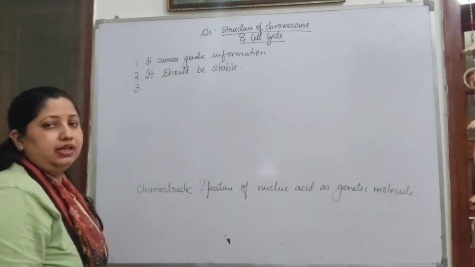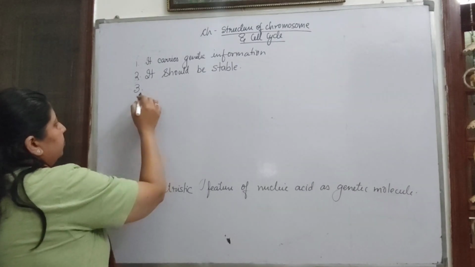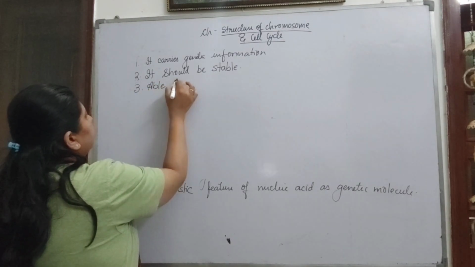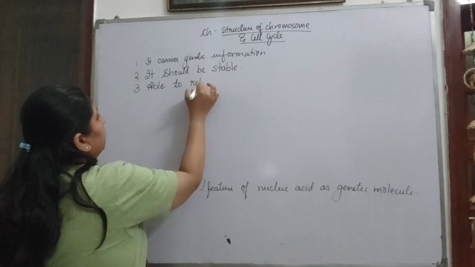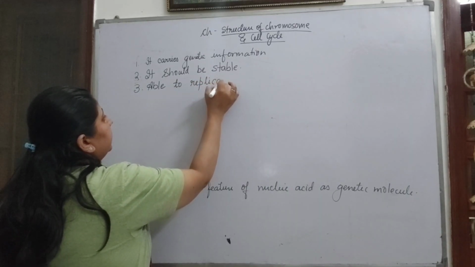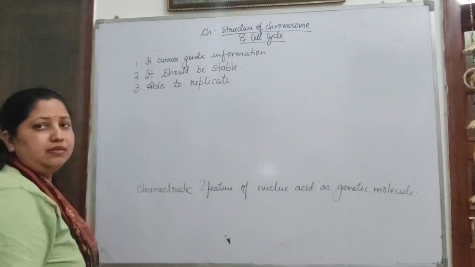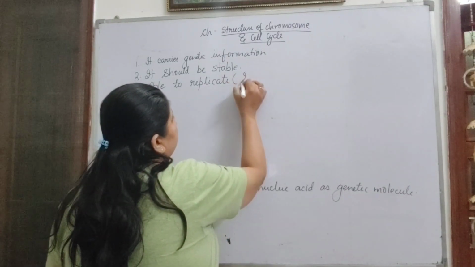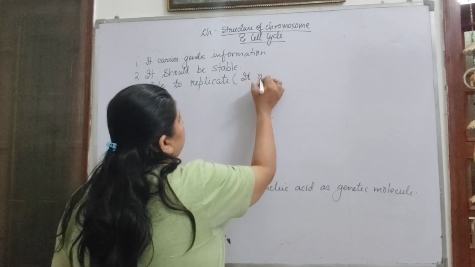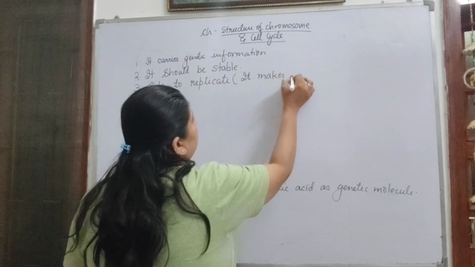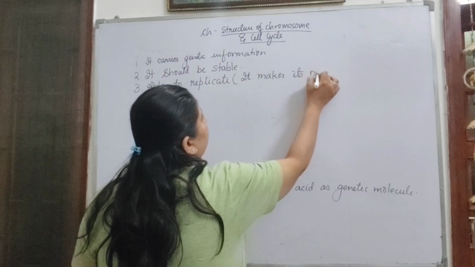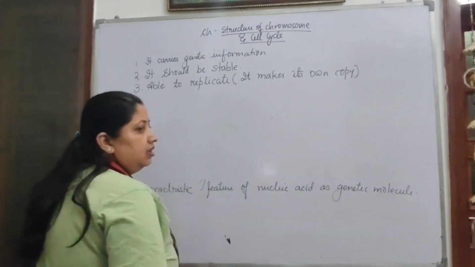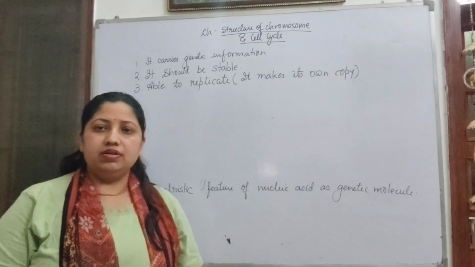Third, the genetic molecule is able to replicate. What is the meaning of replication? It makes its own copy. Suppose we have information on one page.